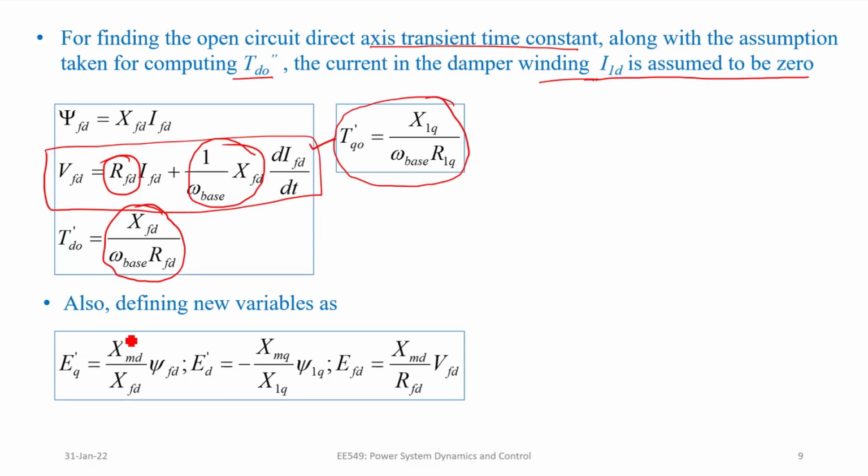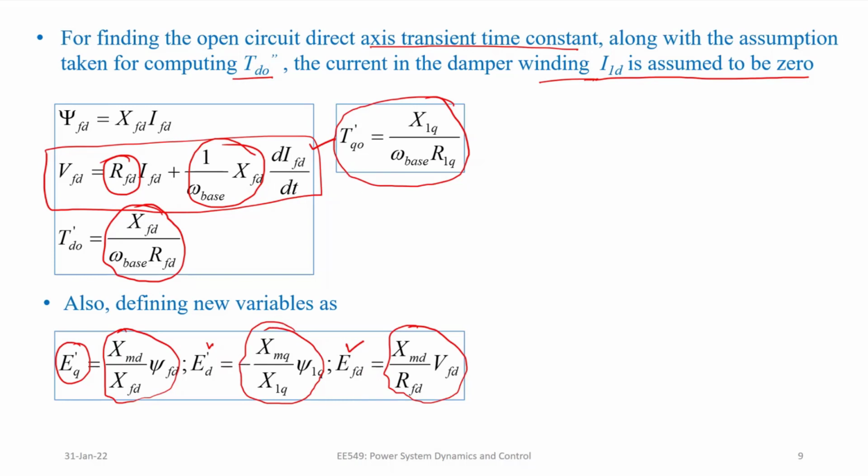So wherever we find these terms, we can substitute using EQ dash, and wherever we find minus XMQ by X1Q into psi 1Q, we can substitute ED dash, and similarly for XMD, RFD, VFD, we can substitute EFD. In order to simplify the equations, we need to substitute these parameters along with other parameters.